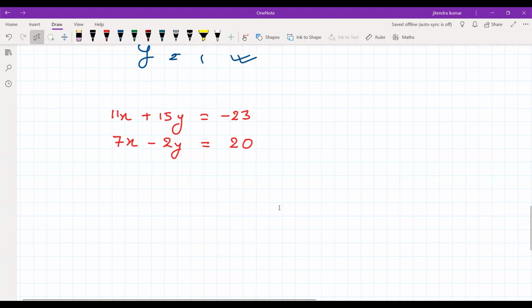Okay, so apply the cross multiplication for this one.